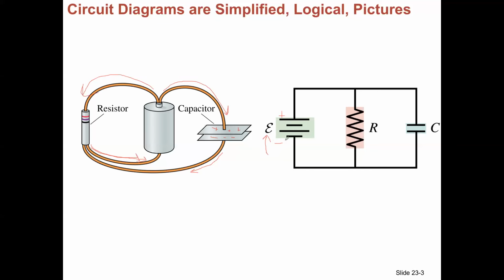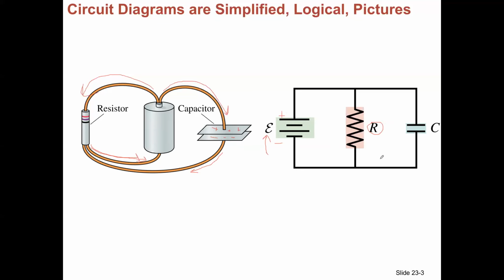So if the battery gives the charges moving through the circuit a boost of, let's say, 9 volts of potential energy, that means this letter E here stands in for that 9 volts. The resistance of a resistor is R, and capacitors, we'll get to those on Wednesday.